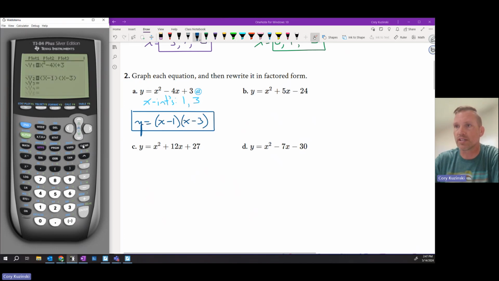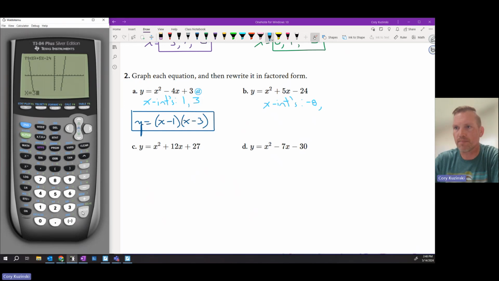All right, next one, let's graph this and figure out what the x-intercepts are. x squared plus 5x minus 24. Graph it. Our x-intercepts are -8, and what else?